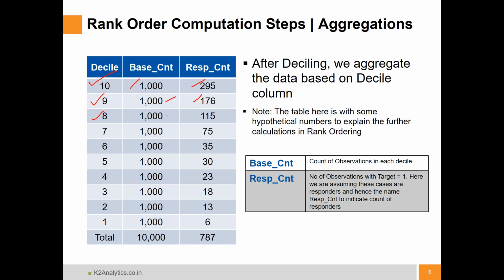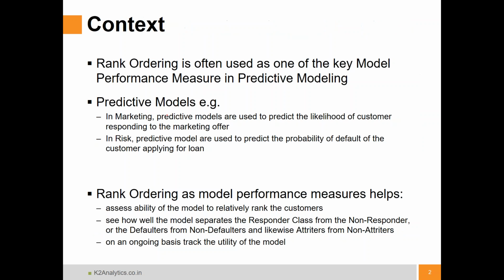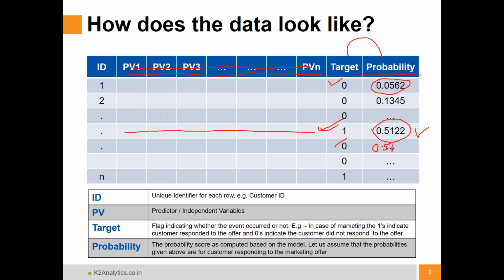First step, I'll quickly re-summarize. Rank ordering is one of the most used model performance measures. Second, this is how my data looks. Initially, I have predictor variables and target. Using predictor variables and target, I build a model. Once I build a model, I use the model and compute probability. Once I have computed probability, the predictor variables are of no importance because the gist is now converted into one index number, which is probability.